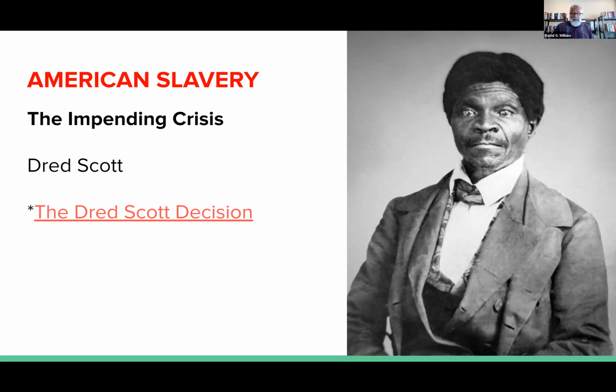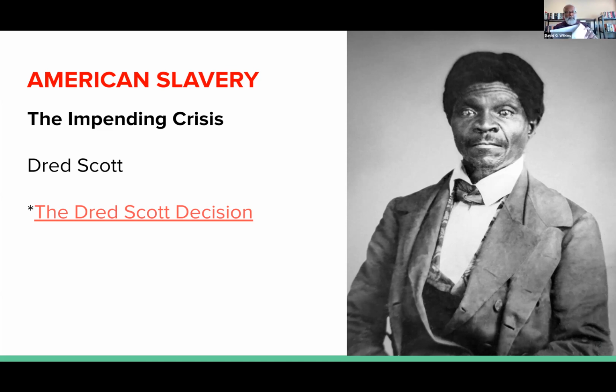For that matter, Taney would go on, at the time the Constitution was adopted, Negroes had for more than a century before been regarded as being of an inferior order, so far inferior that they had no rights which a white man was bound to respect.